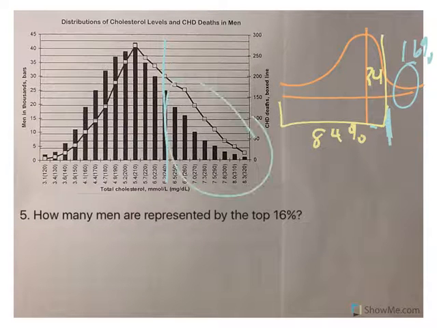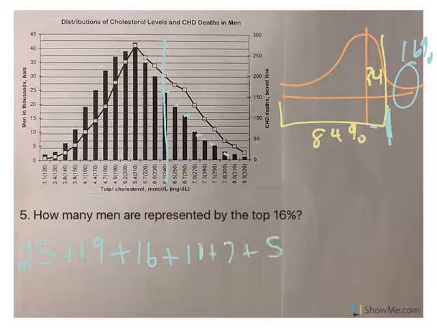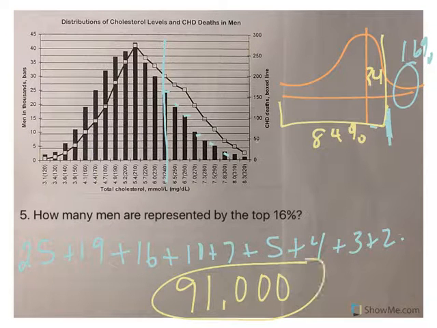We're looking at this data here. We're going to look at the top of the bars. And I'm sure you're wondering, Becky, what numbers did you use? Let me tell you. 25, 19, 16, 10, 7, 5, 4, 3, and 2, which gives me 91. And again, that's in thousands because it says in thousands. So that was my estimation of how many men are in the top 16%.